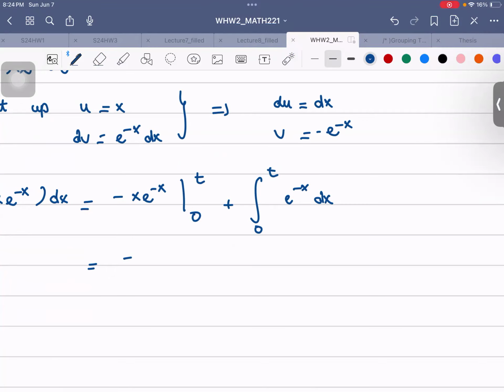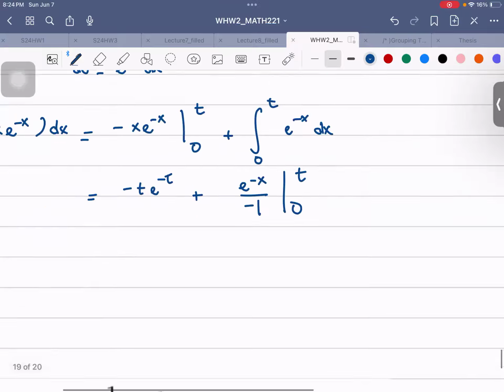Let's plug in t. You have negative t e to the negative t. If you plug in 0, this thing vanishes because 0 times something is 0. For this one, the antiderivative of e to the negative x is e to the negative x divided by negative 1, because of the coefficient in front of x.